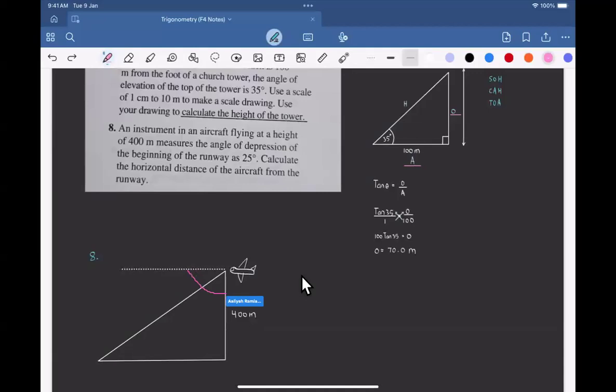Look at this, right? You're in the airplane and you look down to the end. Look at that. Tell me if you catch it. So would it be here? Yes, over there.